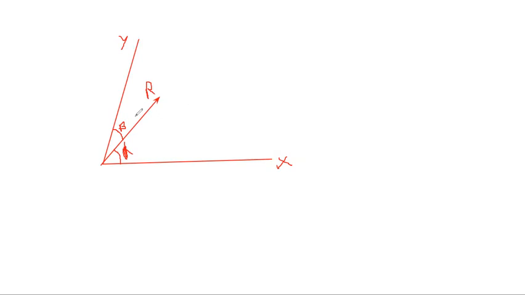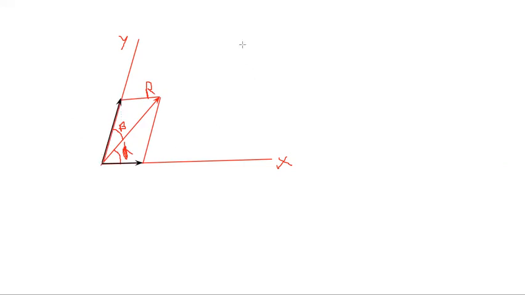Now, the resolved components of these two will be given by completing the parallelogram. Let me complete the parallelogram. So this is the parallelogram I completed, right? So the two resolved components, one is this along x direction and one is this along y direction.